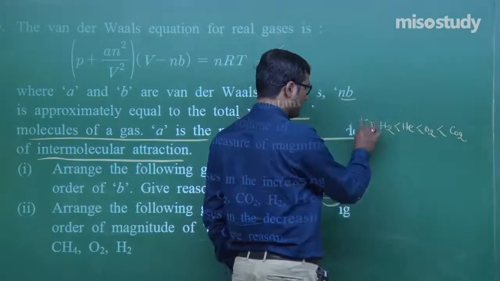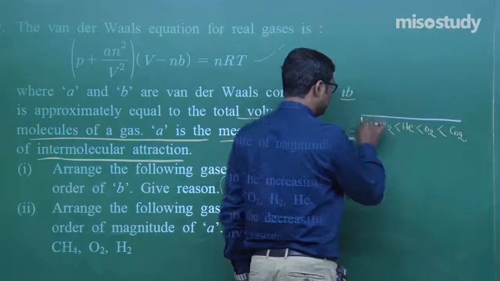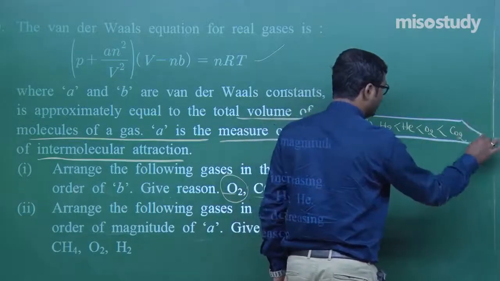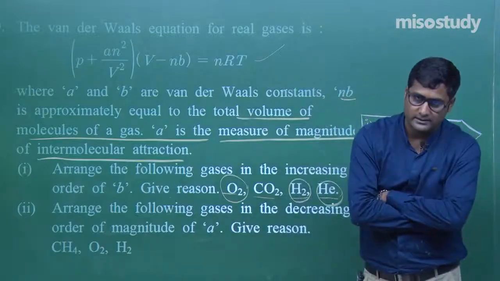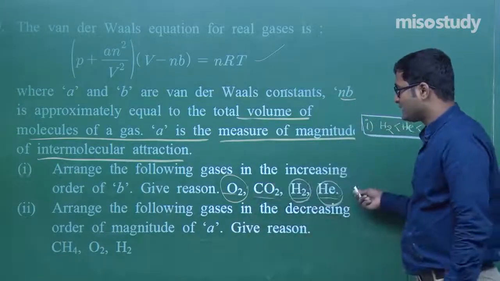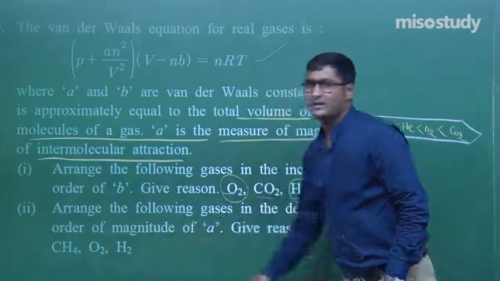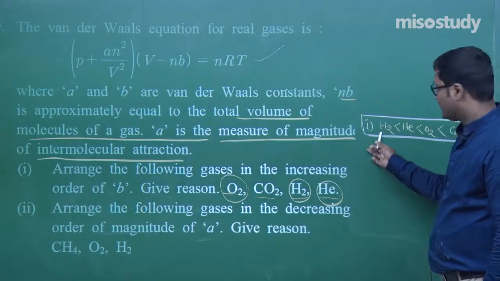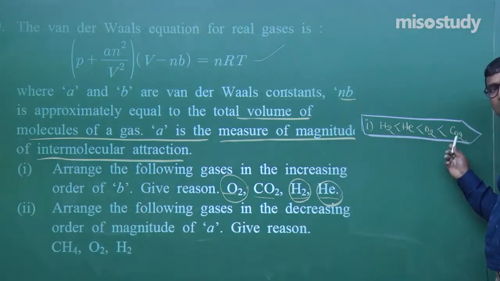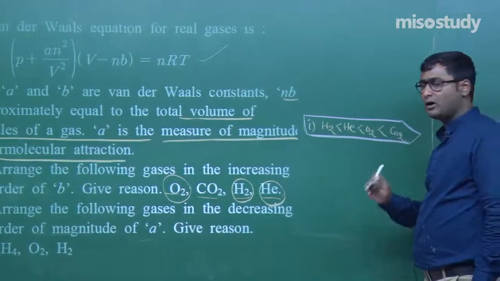Again I am repeating, hydrogen, helium, oxygen and CO2. Am I right? Yes sir. Because if size increases, the value of b also increases. Hydrogen has less size, so hydrogen comes first. Then CO2 has maximum size, so it will have more value of b.